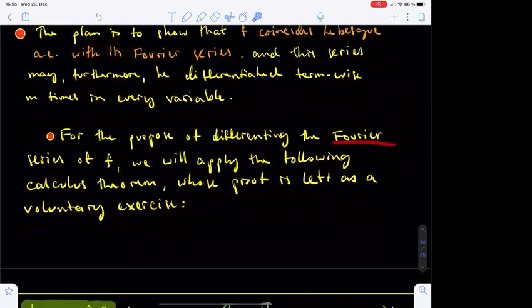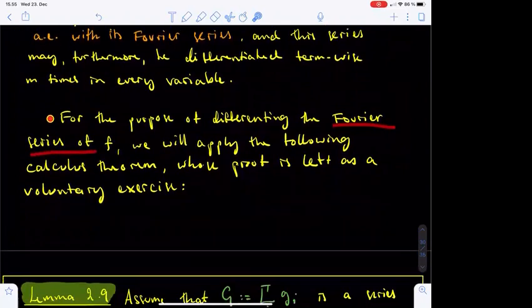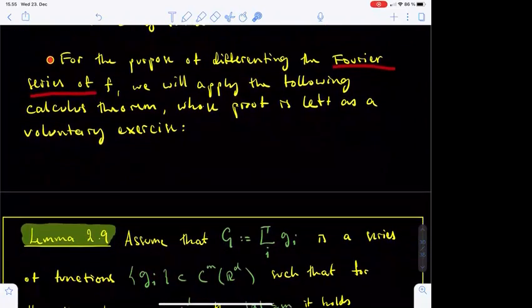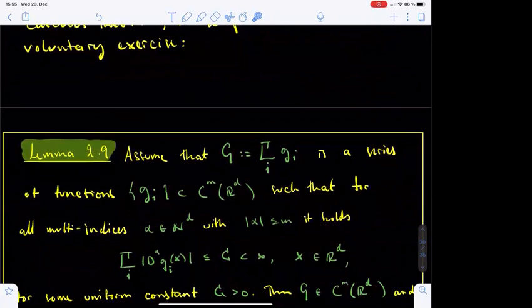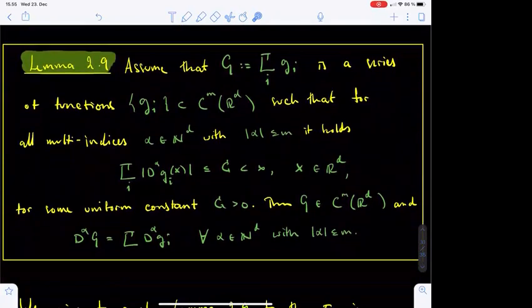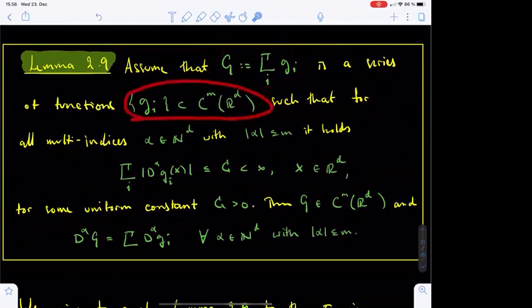For the purpose of differentiating the Fourier series, or any other series for that matter, we record the following calculus lemma, Lemma 2.9, whose proof is left as a voluntary exercise. Assume that G is defined as an infinite series of functions g_i, each of which is individually m times continuously differentiable.